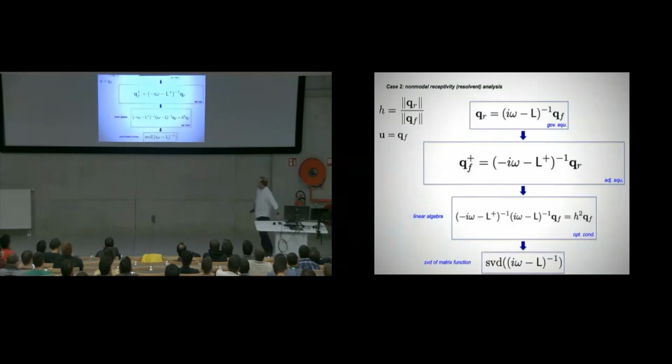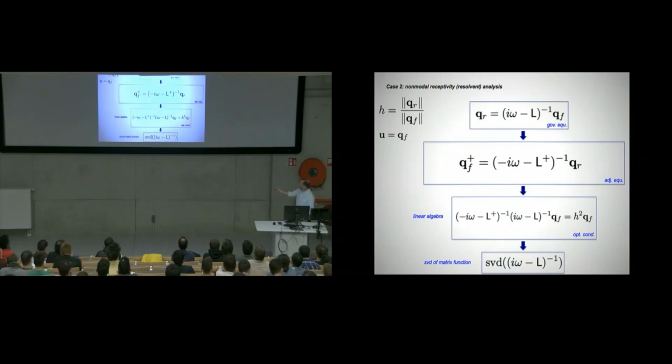And then you can go through the same thing, okay? This is my box for the governing equation, no integration, a direct map with the resolvent. This is my adjoint equation, no integration, a direct map between the response and the adjoint forcing, okay? Then you stick everything into the gradient box, and again, you get an eigenvalue problem.